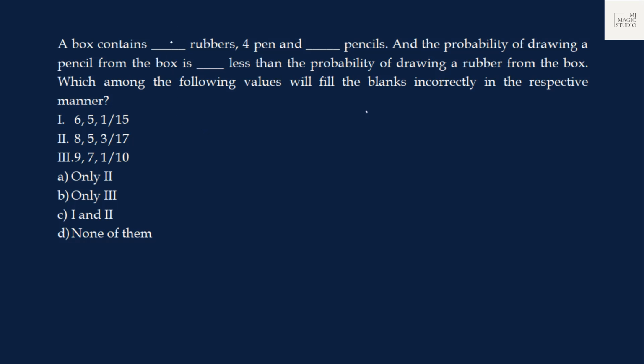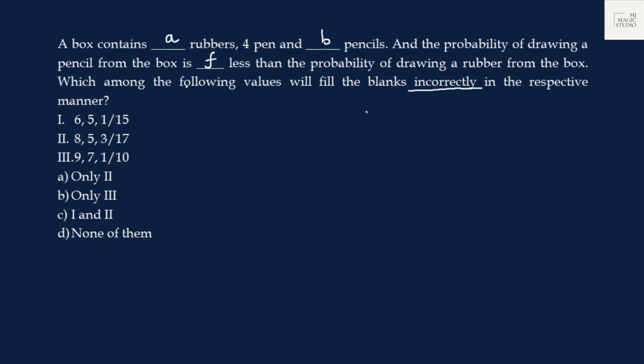A box contains A number of rubbers, 4 pens and B pencils, and the probability of drawing a pencil from the box is, suppose it be F, less than the probability of drawing a rubber from the box. Which among the following values will fill the blanks incorrectly in the respective manner?